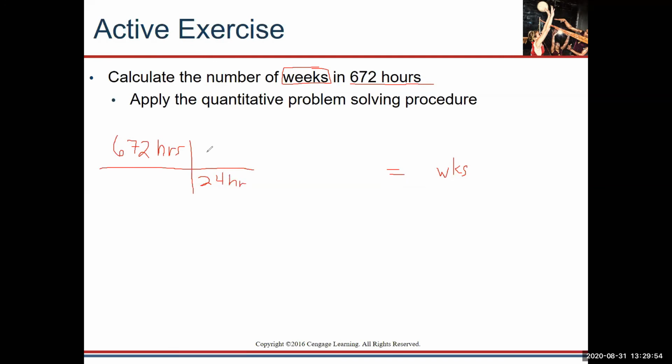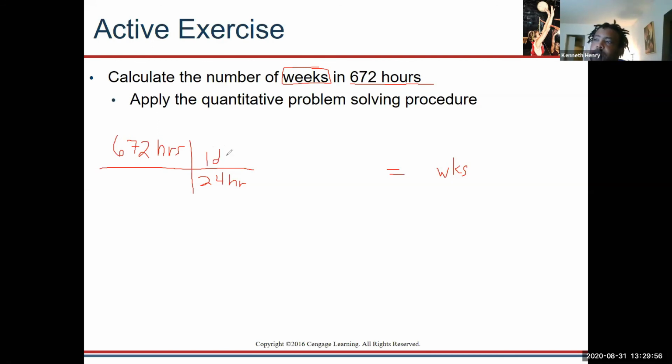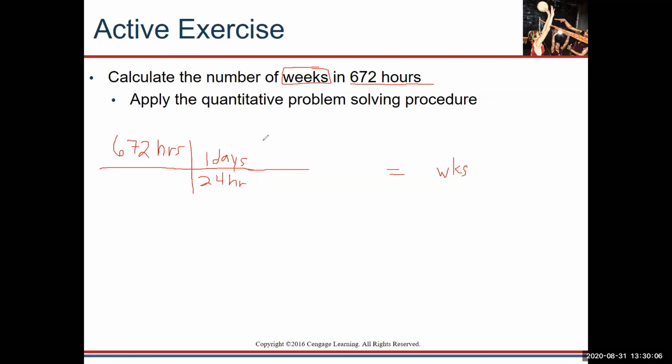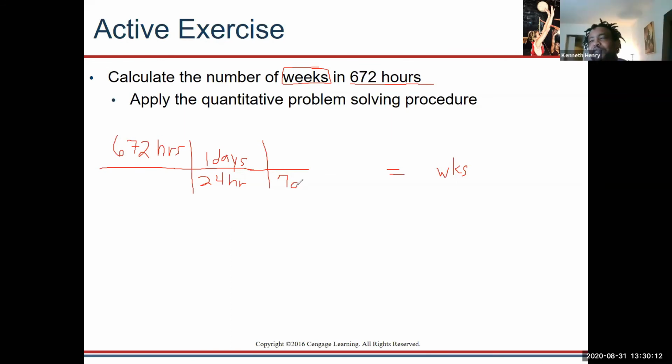So 1 day on top. And what do we know about days and weeks? There's 7 days in a week. Okay, so I'm assuming that we put 7 days at the bottom. Getting ahead of myself. So a week on top.